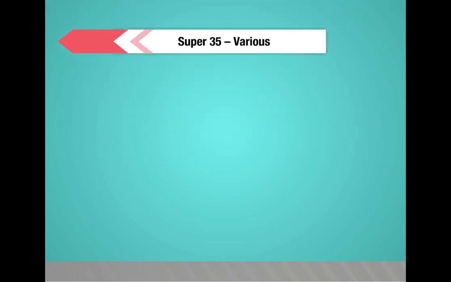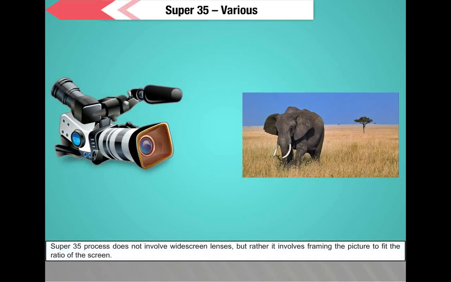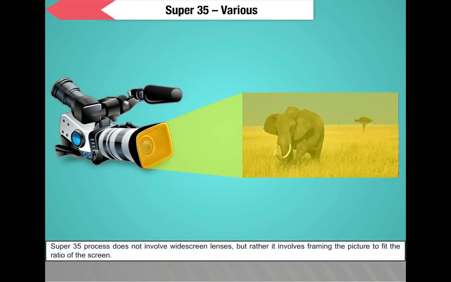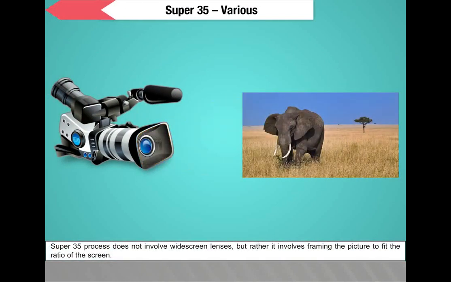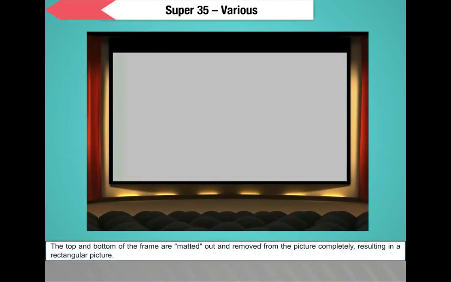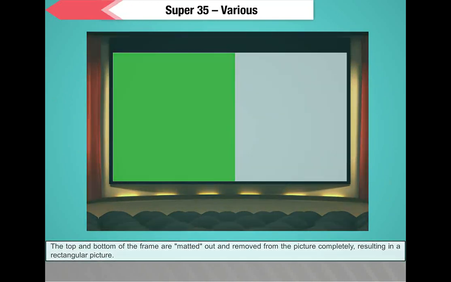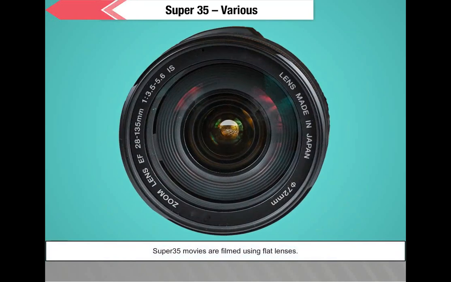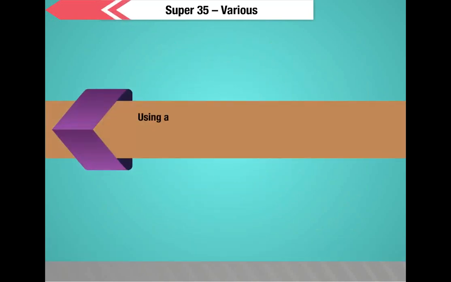Super 35 various. The Super 35 process does not involve widescreen lenses, but rather it involves framing the picture to fit the ratio of the screen. The top and bottom of the frame are matted out and removed from the picture completely, resulting in a rectangular picture. Super 35 movies are filmed using flat lenses.